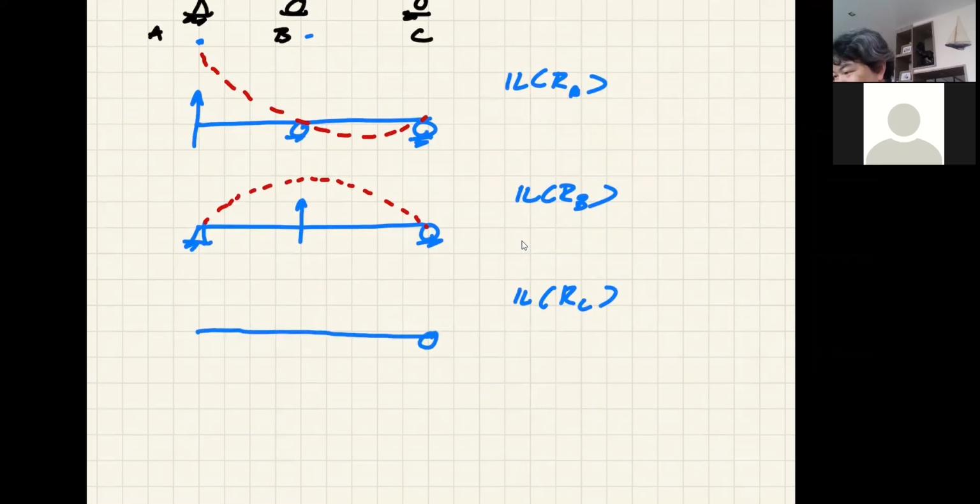Oops, it's not that straight anyway. Let's draw it again. RC is allowed to move freely, so your beam will be pushed up here like this.